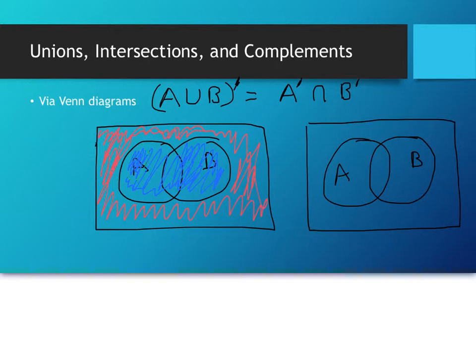Now, let's look at it another way. Okay? Let's take the A complement. Now, A complement is everything outside of A. So let's draw that A complement. I'll draw that in this yellow color. Everything outside of A is A complement.